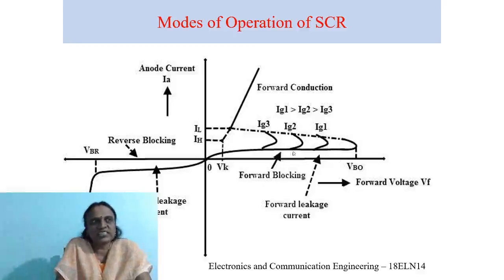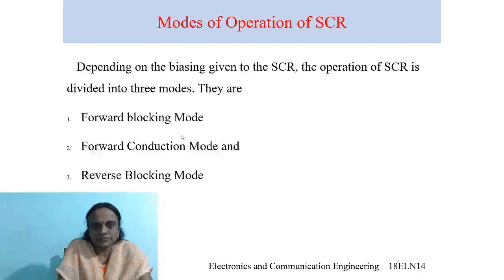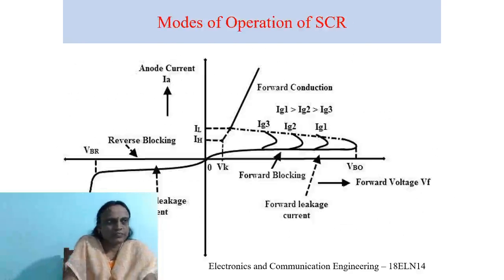SCR is connected such that the anode terminal, see here, this is the anode terminal, is made positive with respect to the cathode, while the gate terminal is kept open. Here also you can see anode, cathode and gate. Okay.